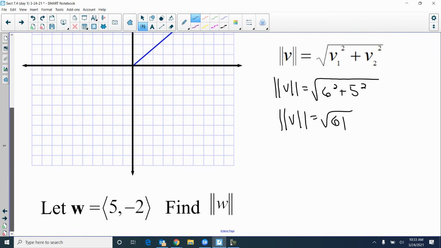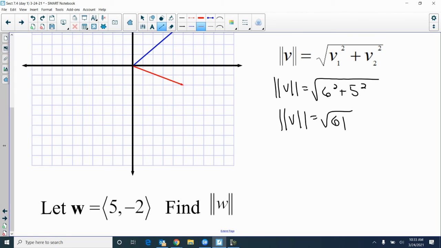Now, take a look at W. Go ahead and fill in that as 5, negative 2. Find the magnitude for W. And then I would draw it on here as well. So W, just for a visual. 1, 2, 3, 4, 5.